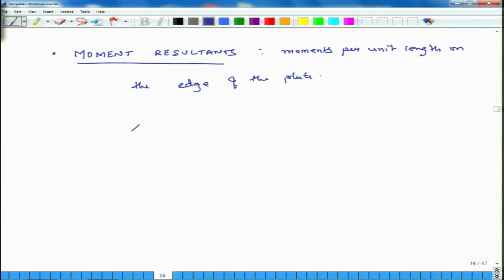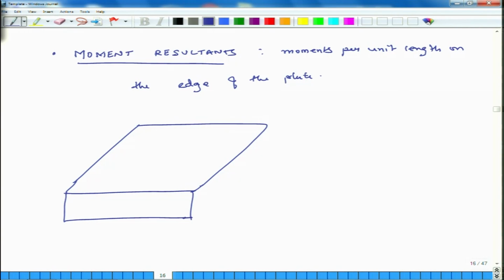Suppose I have a plate, and of course, this is my midplane. If I draw a vertical line on this, it may have some sigma x, and this sigma x may be varying along it.